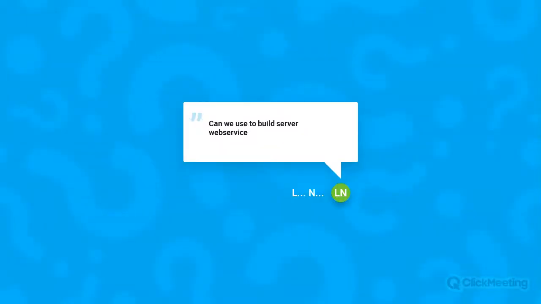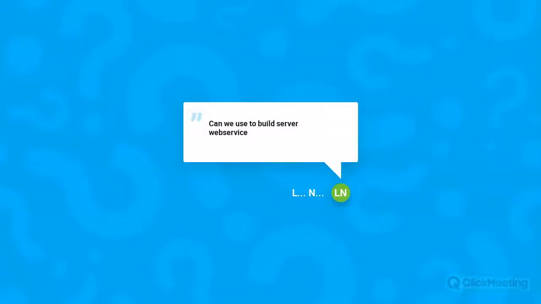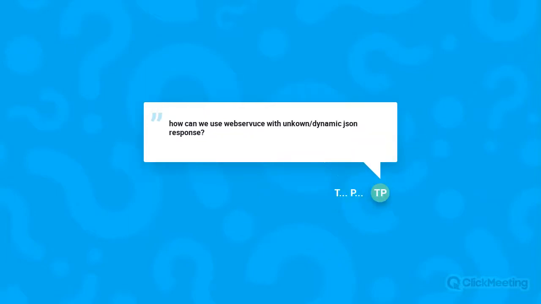Can we use Kalipso to build a server web service? No, that's not the goal of Kalipso. The goal is not to create web services; it's to consume web services. How can we use web services with an unknown dynamic JSON response? You can't. They need to tell you what the structure of the JSON will be.